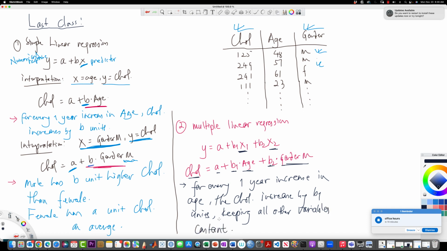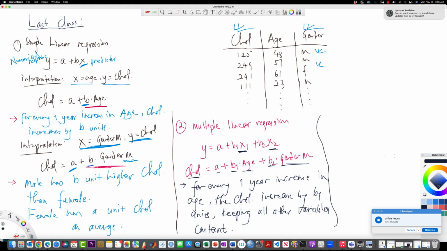That's how we interpret b1 for age. Keeping all others constant means that whether gender is male or female, you fix gender, and for every 1 unit increase in age, the cholesterol will increase by b1 units.